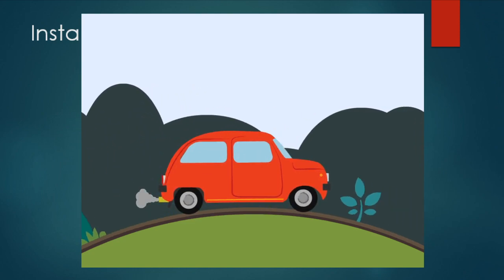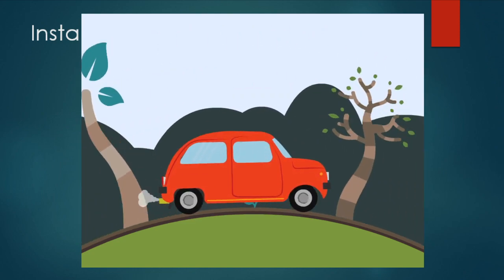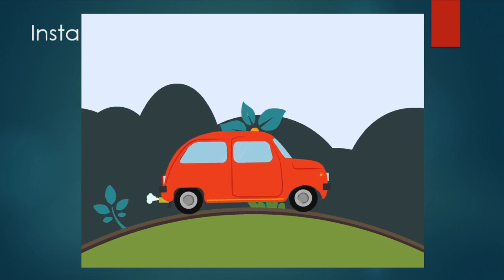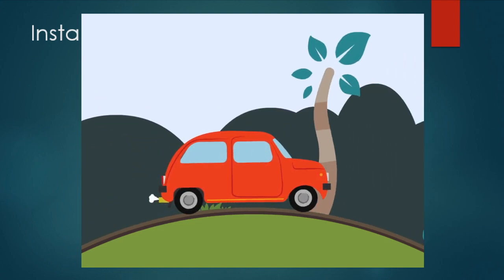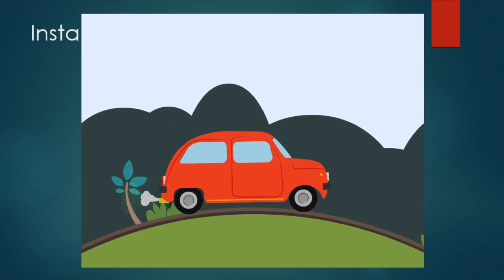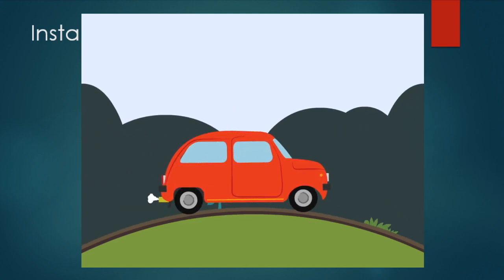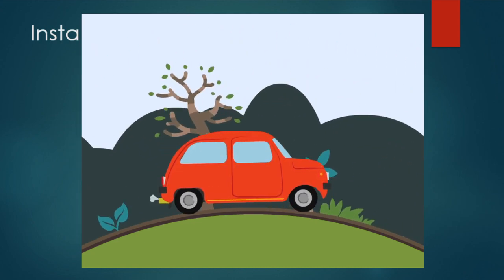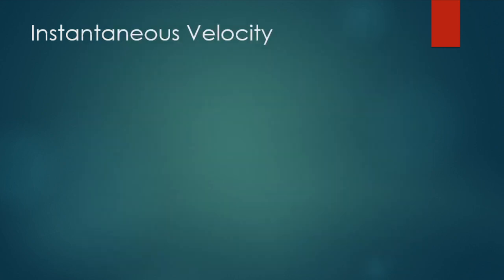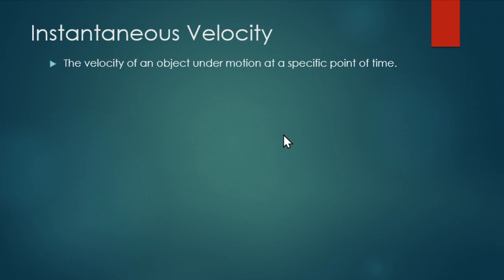Your car will undergo a series of changes in its speed. We can graph that with a position versus time diagram. The velocity of an object in motion at a specific point of time can be shown this way.